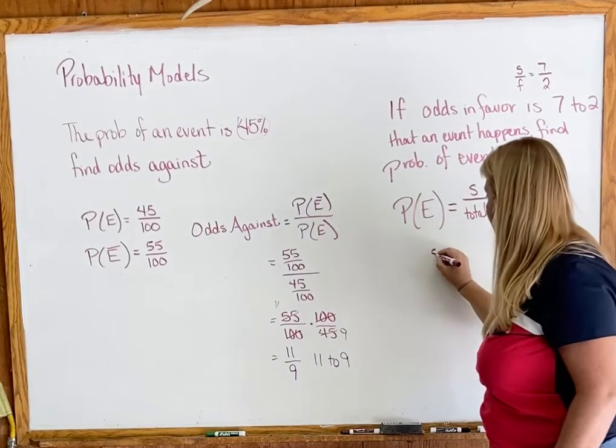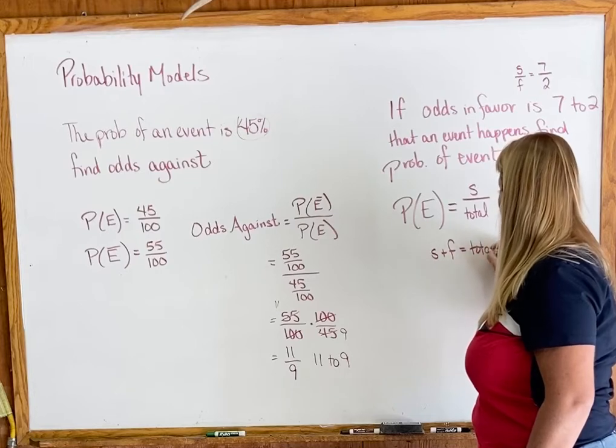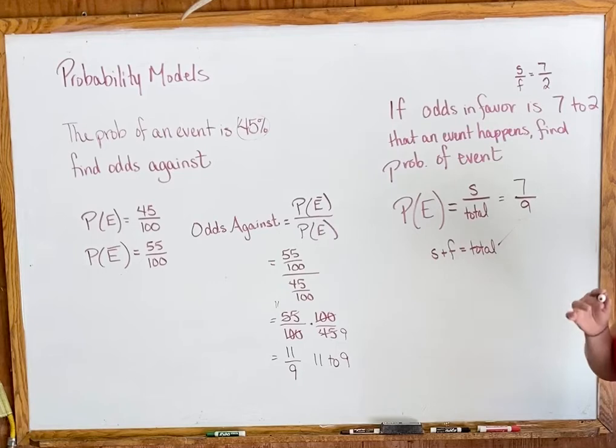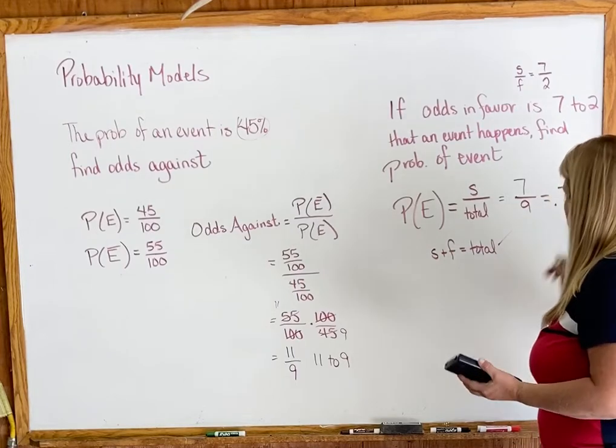So we can make a little note of that: success plus failure gives us our total. And that's how we found this bottom number. Now remember, this guy is a probability, so we can plug this one into our calculator: 7 divided by 9 gives us 0.778.